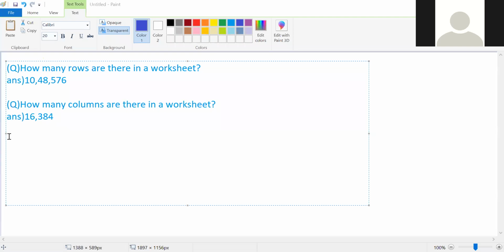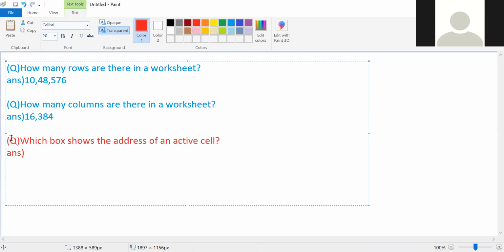Which box shows the address of an active cell?